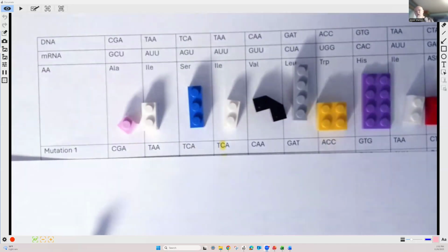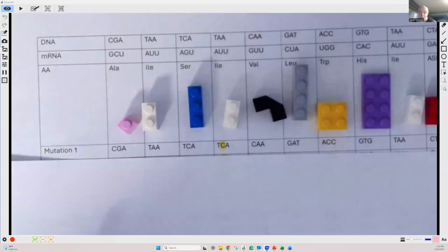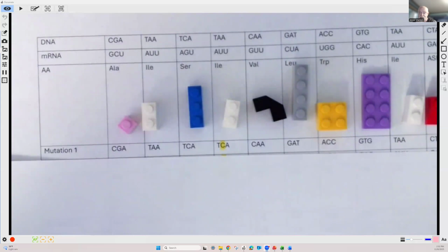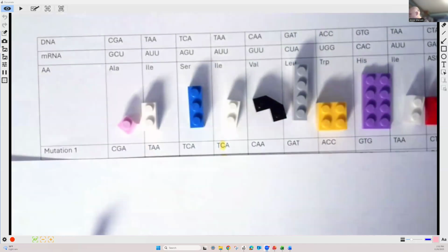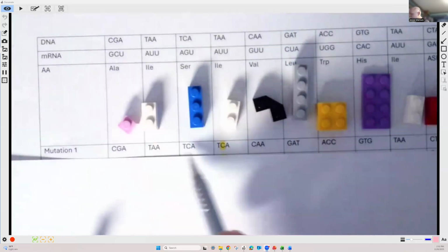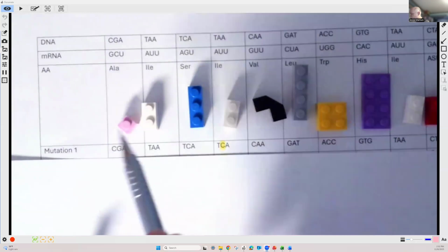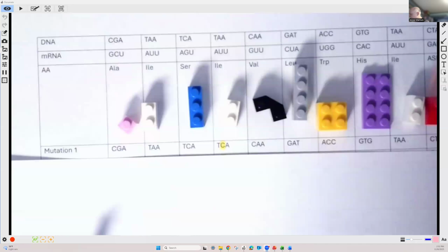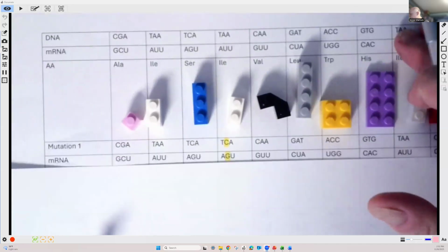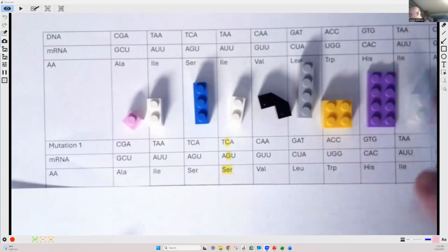Okay, well, the question you ask yourself, think about it: is this bad? And the answer is, I don't know. Let's find out. We already know that these first three of this chain, we have our alanine, isoleucine, and serine, are going to be the same because these codes are the same. But when you translate these, there's our transcription.